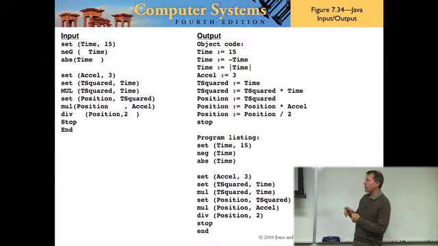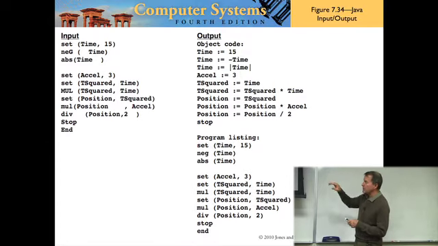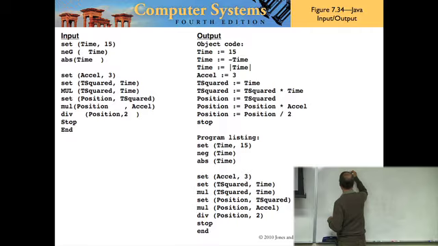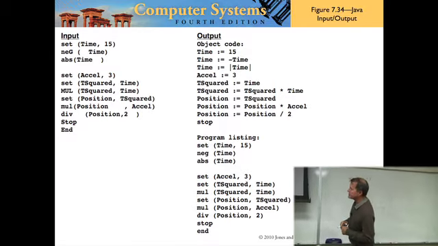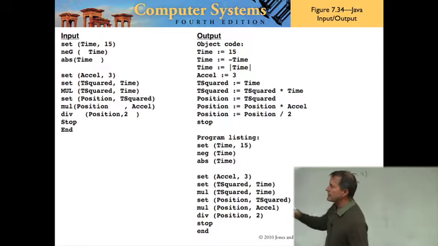So what we need to do now is see what kind of statements there are. We need to note the different kinds of statements that we have. I can see three different kinds. There's one like set time 15. That's one kind. Another kind is like abs time. And another kind is like stop.